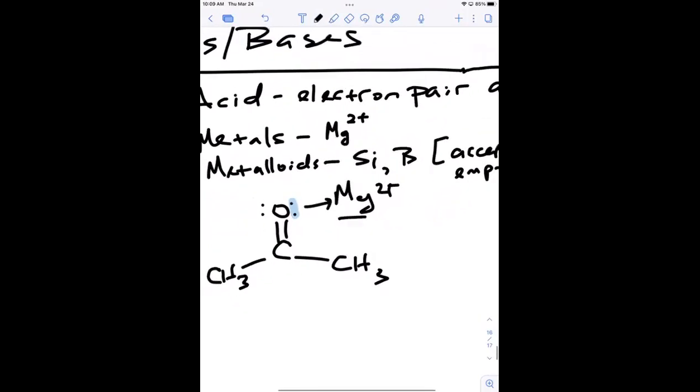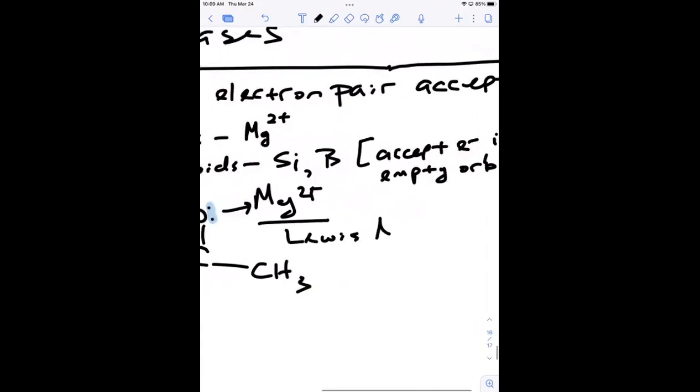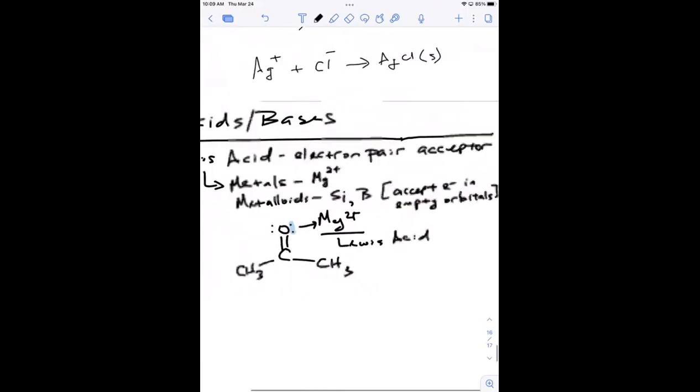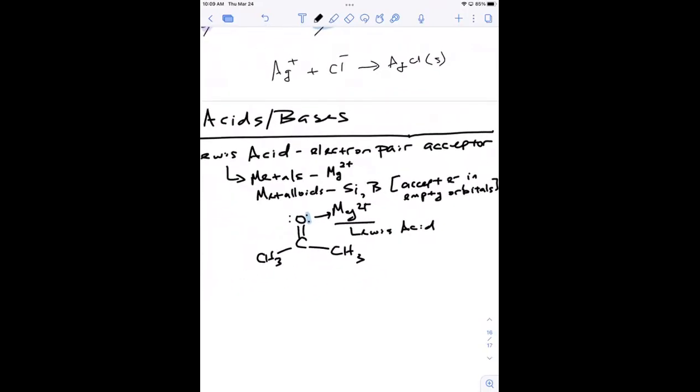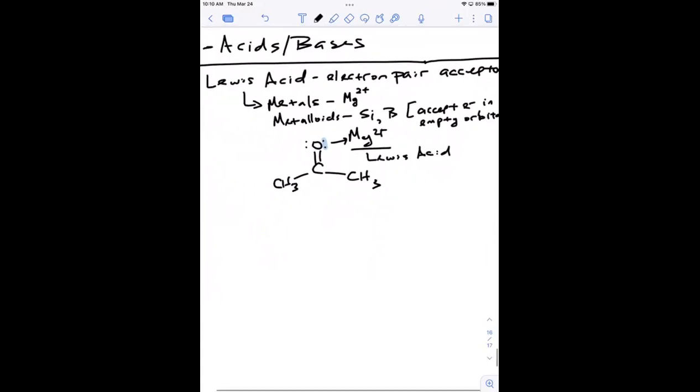So this is my Lewis acid. All right, and then by the same token, you have Lewis bases, right?